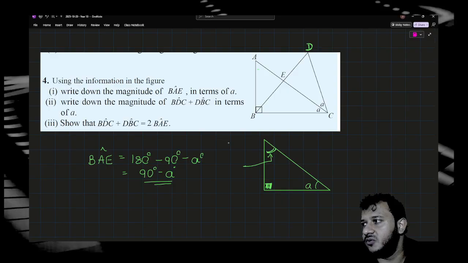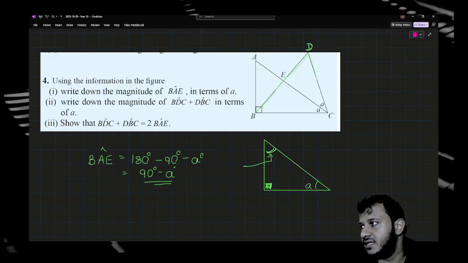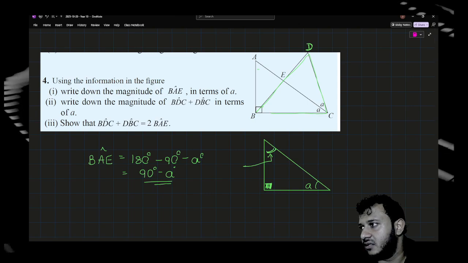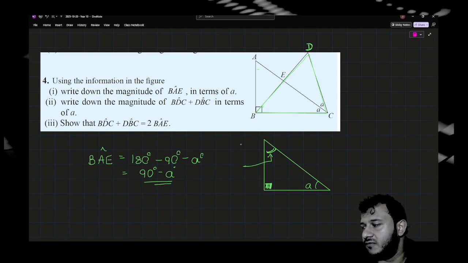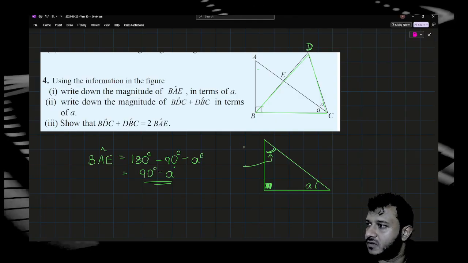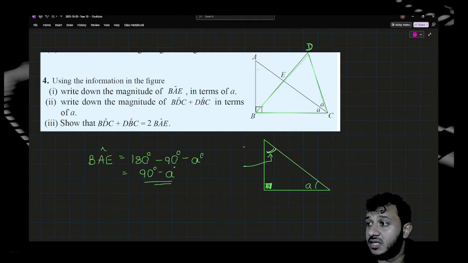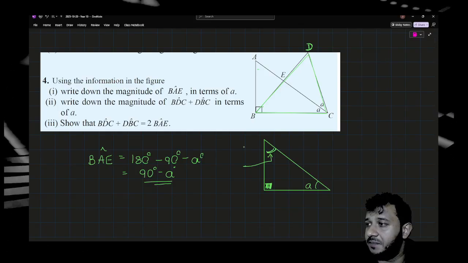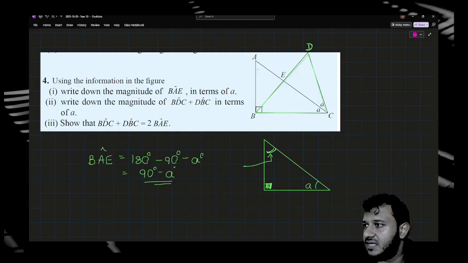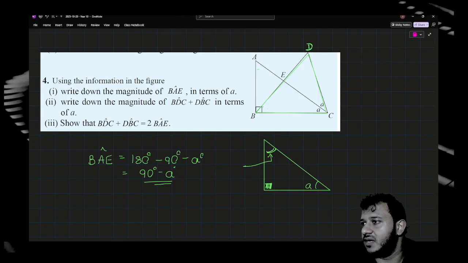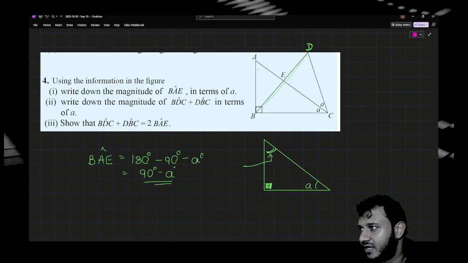Next one. Write down the magnitude of BDC. B to D to C. BDC angle. They are asking this angle here. How can we figure that out, Pute? Oh, no, sorry. BDC and DBC. Wait. I didn't read it that well. Let me look at it again properly.